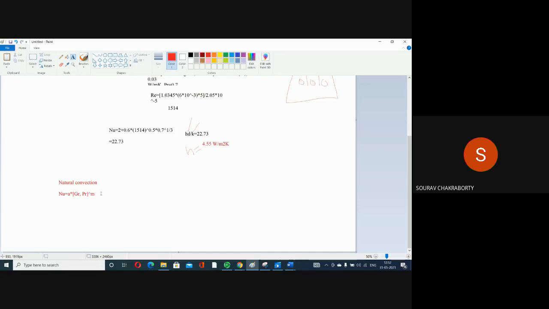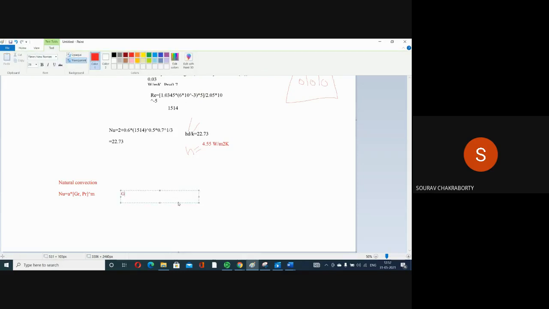So what do you mean by Grashof number? We have already discussed the expression of Grashof number. It is basically defined as the ratio of inertia force and viscous force. Inertia force and viscous force. So Grashof number. It's a very good NET question.